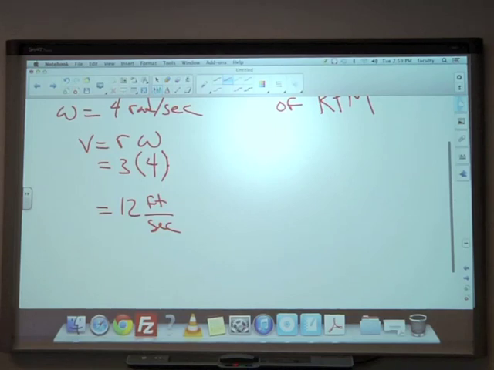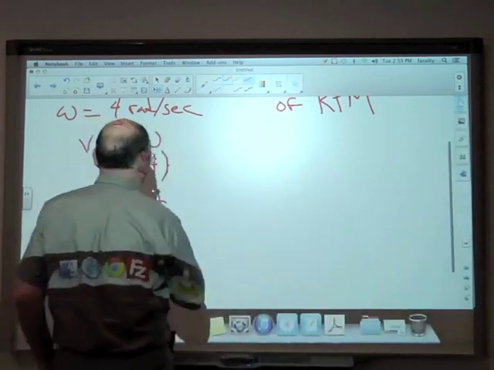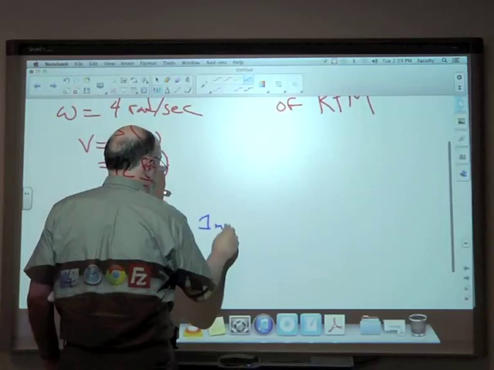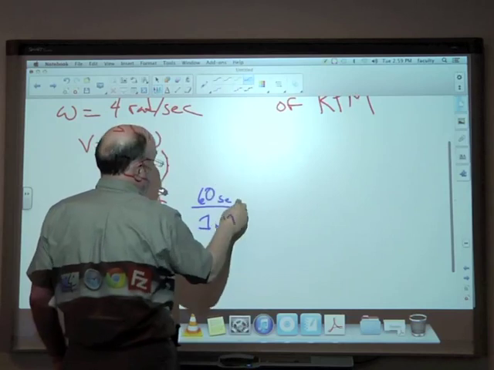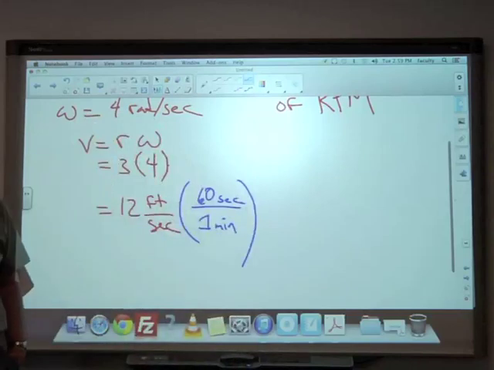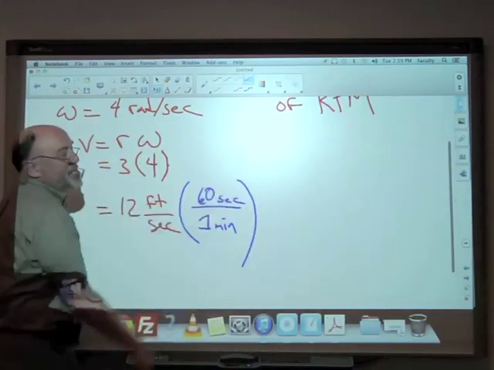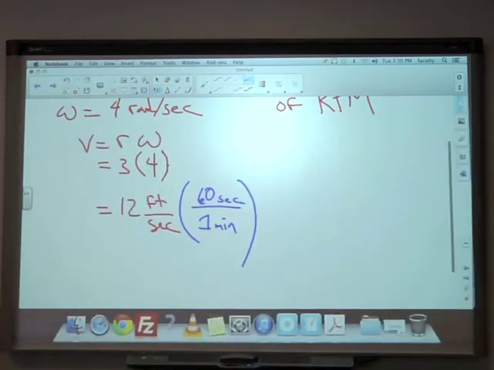So first off, how many seconds are there in a minute? 60. So we have that 1 minute is 60 seconds. That'll take care of the seconds: second on the bottom, second on the top, they will cancel. Now, revolution. What is the formula for the circumference of a circle? 2 pi r.